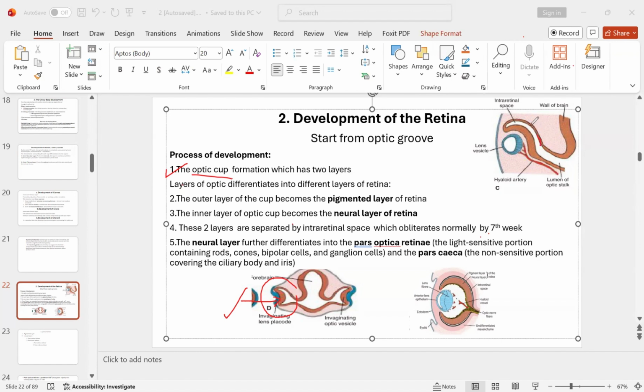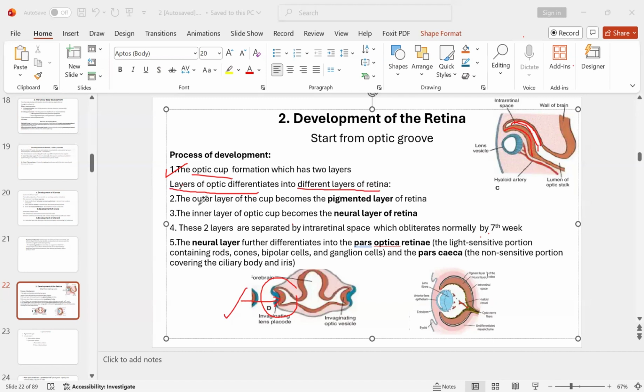This is the outer layer of the optic cup and this is the inner layer of the optic cup. Between the two layers there is a space known as the intraretinal space.